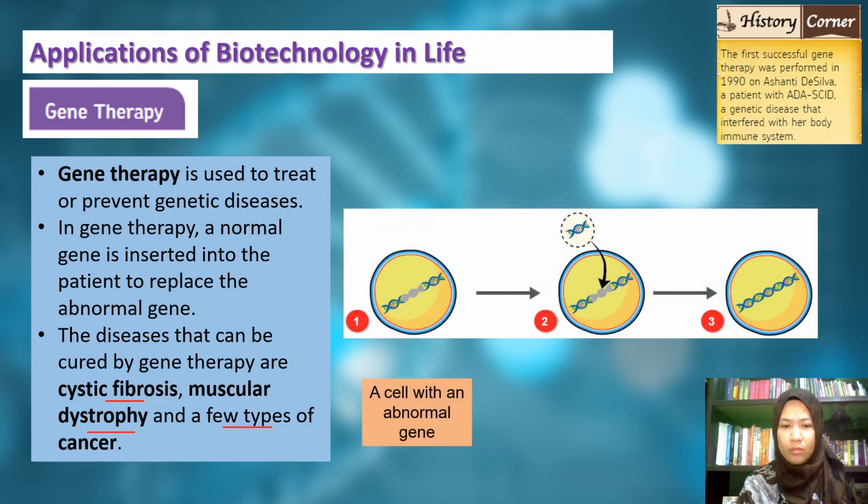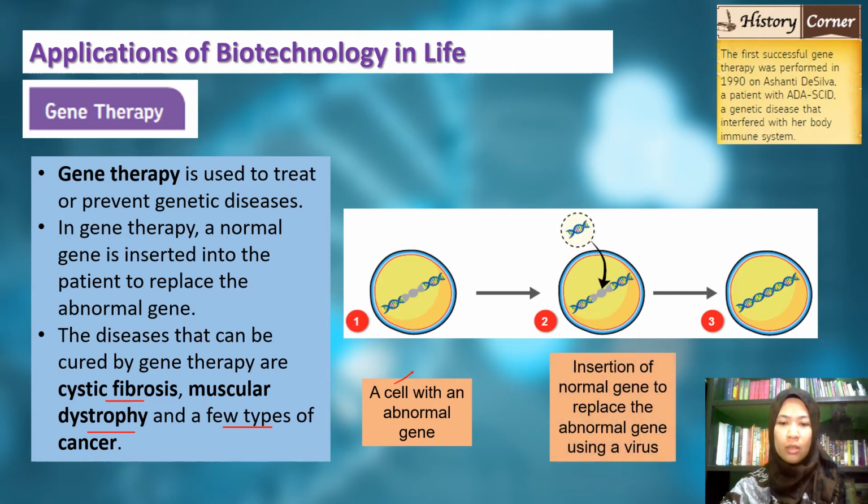Okay, so you can see the procedures involve a cell with an abnormal gene. You can see this one, abnormal gene. Okay, so insertion of normal gene to replace the abnormal gene using a virus.